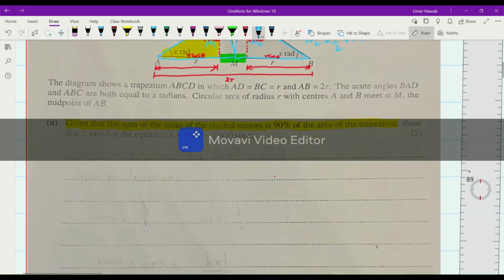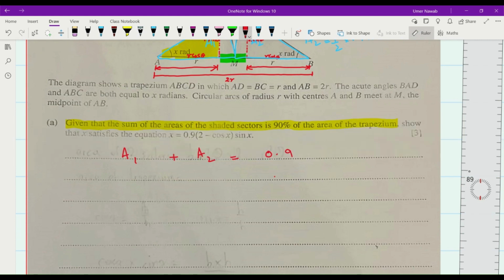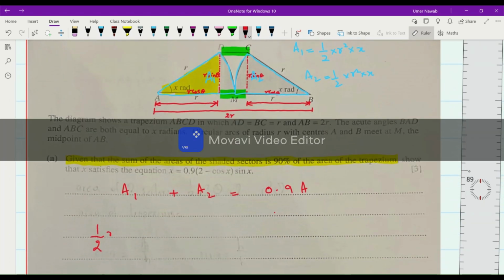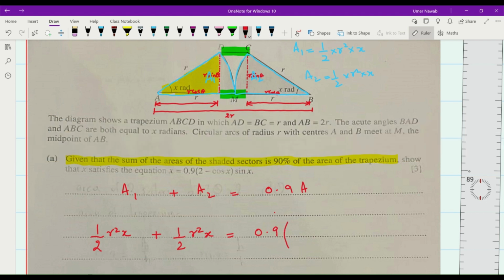So let's write the statement which is given to us. He said that A1 plus A2 is 90% or 0.9 times A, which is the area of the trapezium. So let me copy the formulas which we have come up with: half times r squared x plus half times r squared x, equals 0.9 times the area of the trapezium.